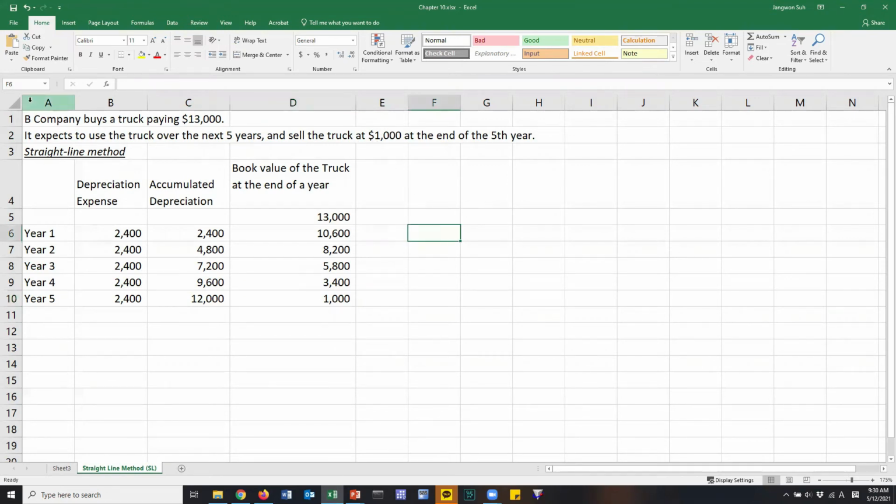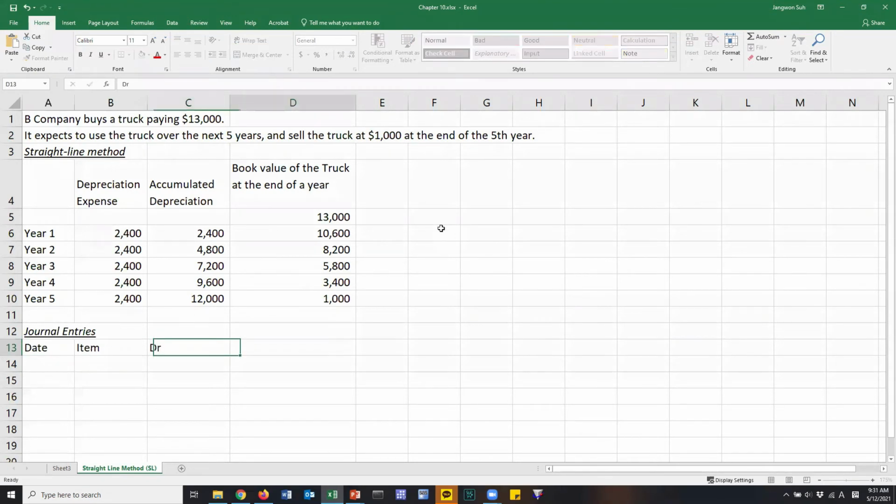Then in this case, what are our journal entries? We've studied this in chapter 2, but we are just recapping.